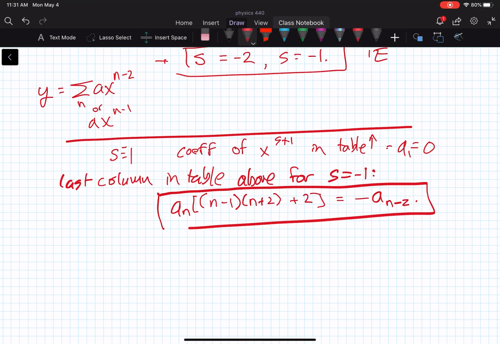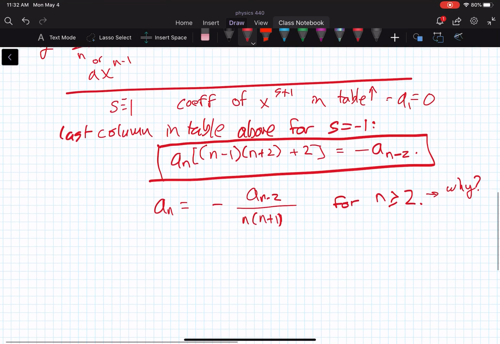Look at the column above and set s equal to minus 1, and you should be able to collect terms and show that this is correct. So that means that a sub n is equal to minus a sub n minus 2 over n times n plus 1. And this is true for n greater than or equal to 2. Why? I'll let you think about that, but if you look at the table, the answer should become a little bit clearer.